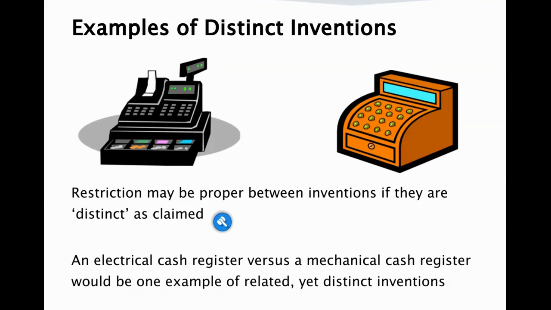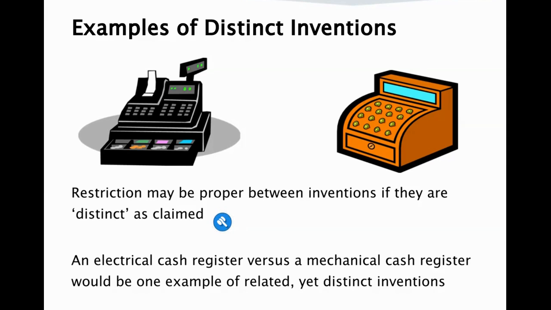The cash registers are related in terms of operation, as both electronic and mechanical cash registers have the similar effect of registering and calculating transactions as well as printing receipts. The operation of the two cash registers appear to be the same, as both require operation of keys to perform registering, calculating, and printing functions.